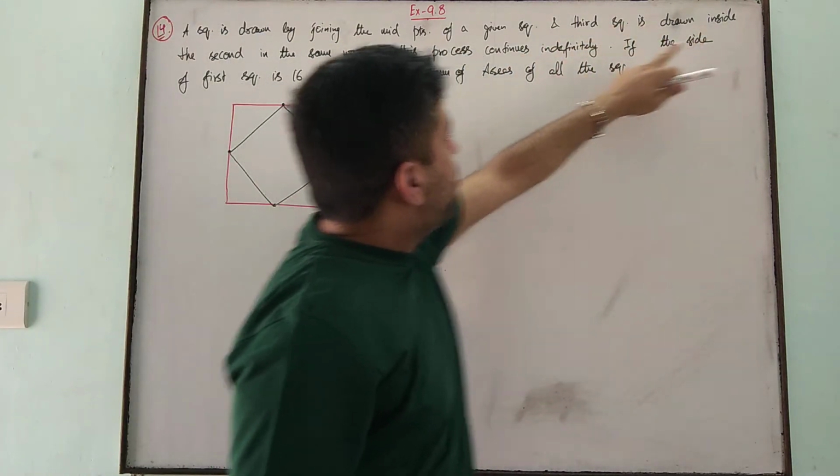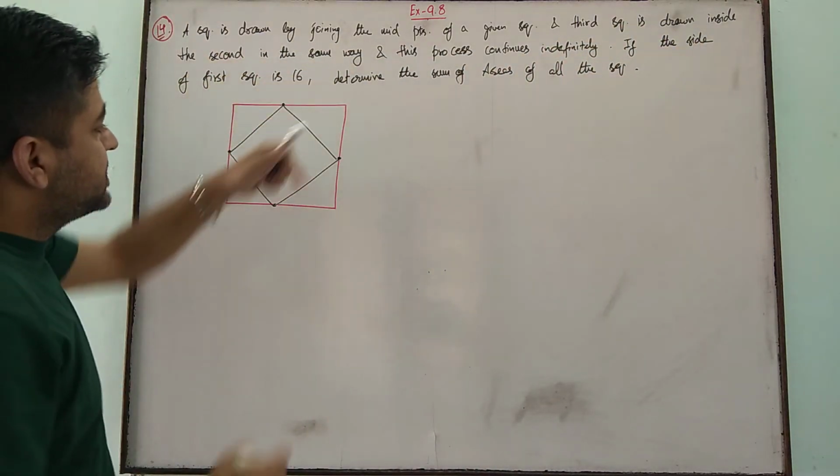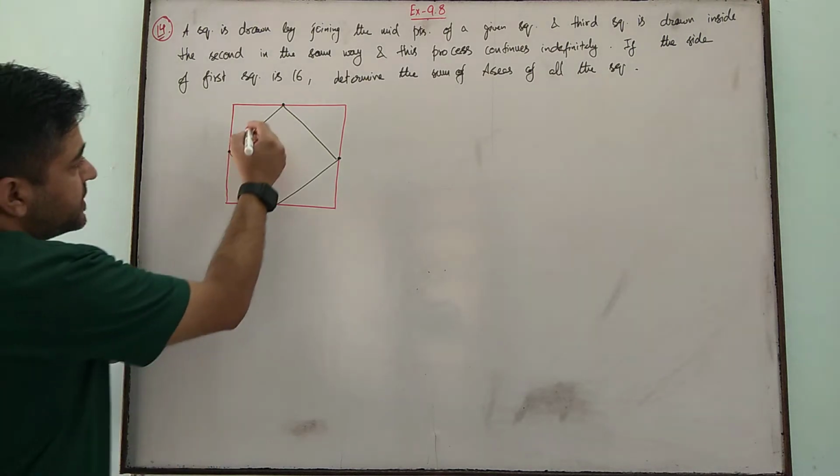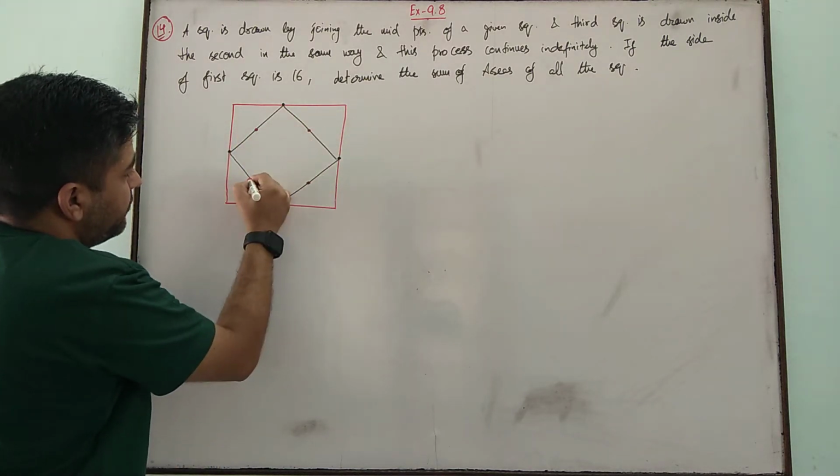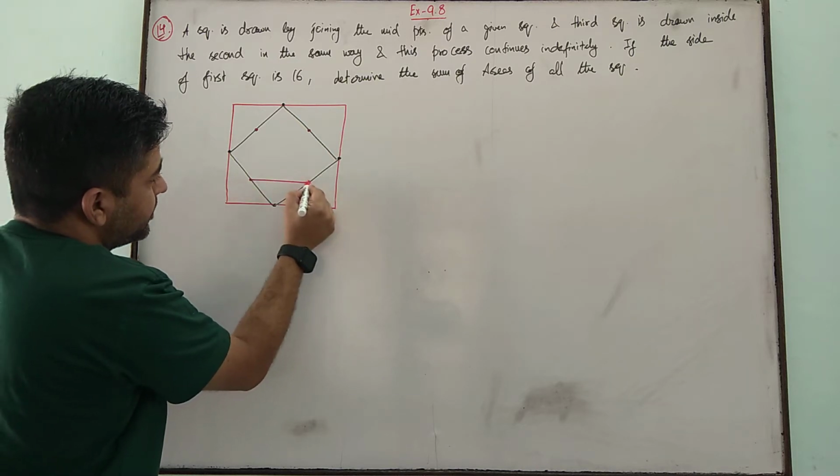Third square is drawn inside the second in the same way. Inside the second in the same way means the midpoints of that, and join, we will get another square inside it.